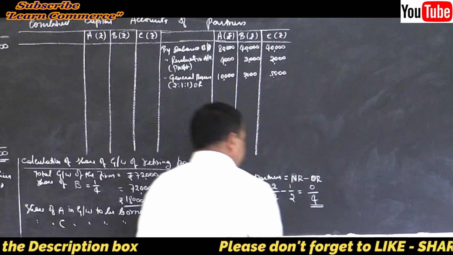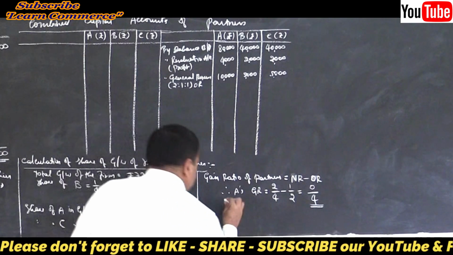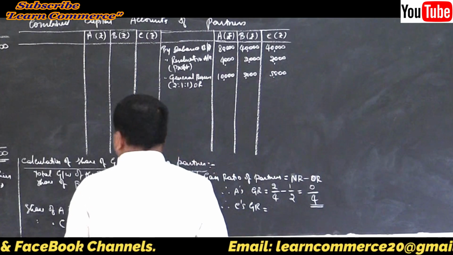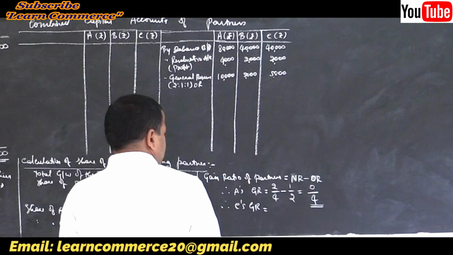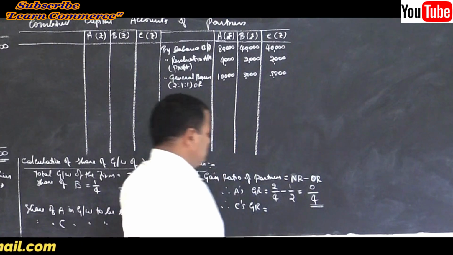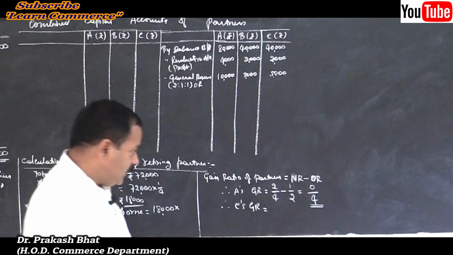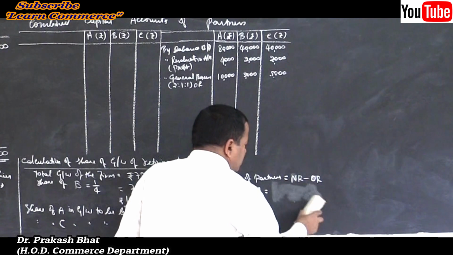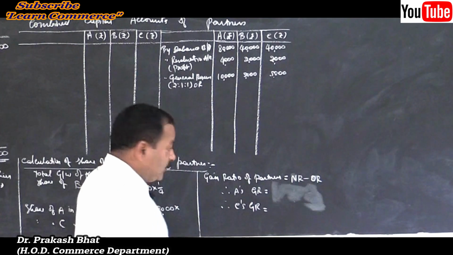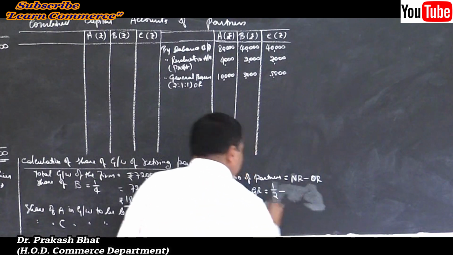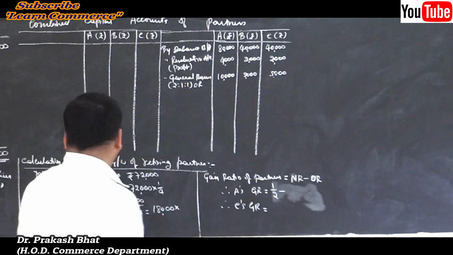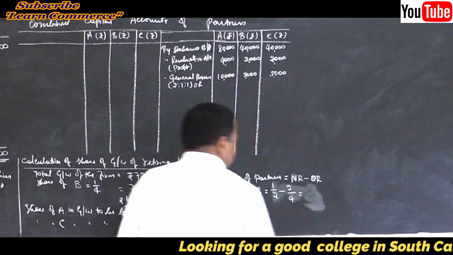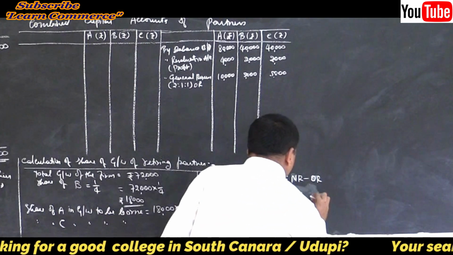No gain to A. Therefore, C's gain ratio is equal to new ratio. So here we made a mistake, did you notice? Yes. See, new ratio is 1 by 2. We wrote old ratio. 1 by 2 minus old ratio, which was 2 by 4. Same thing comes, isn't it? So 4 is the common denominator.